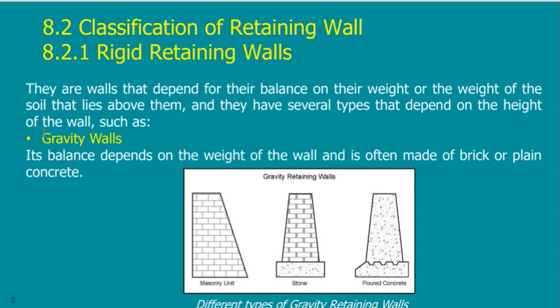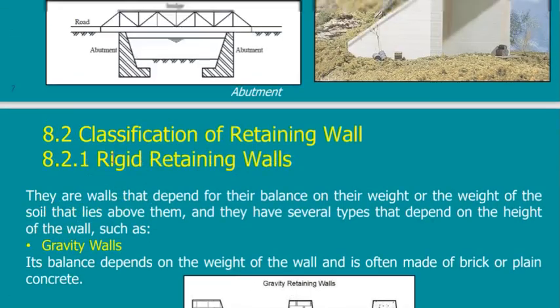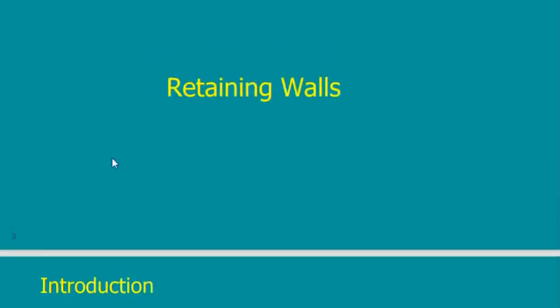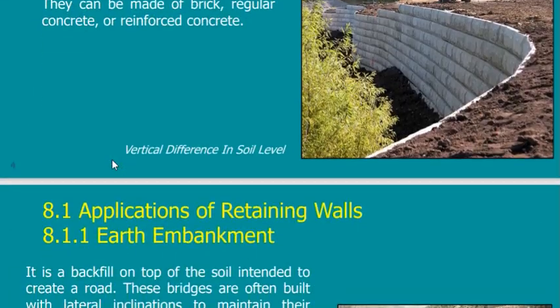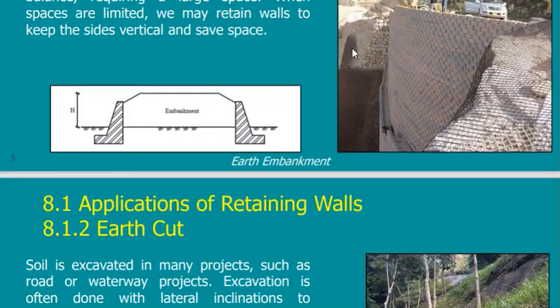They may be a gravity wall. Gravity wall, from the name, means that it is bulky. You remember in the photo here, I showed you something and said that this is a little bit bulky wall.